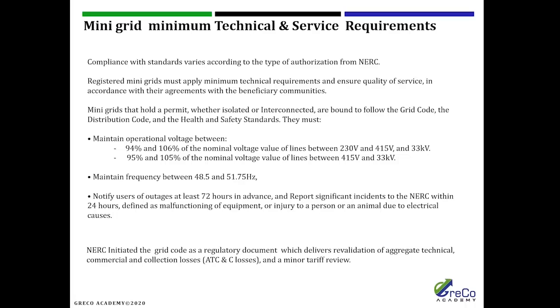So all these are requirements that are well spelled out in the NERC and other mini-grid regulation documents, which the developer is expected to go through, or their engineers or the independent consultant, as the case may be.